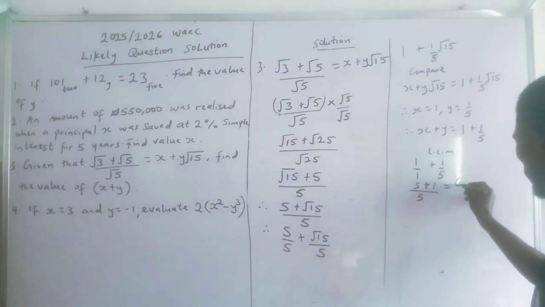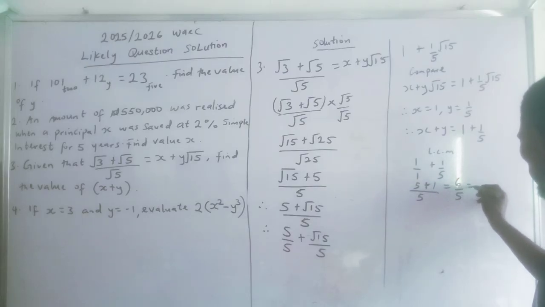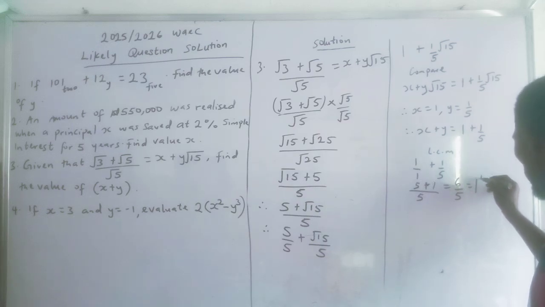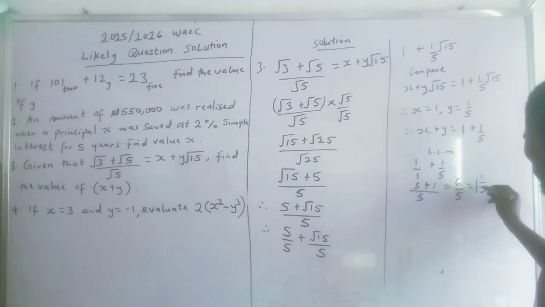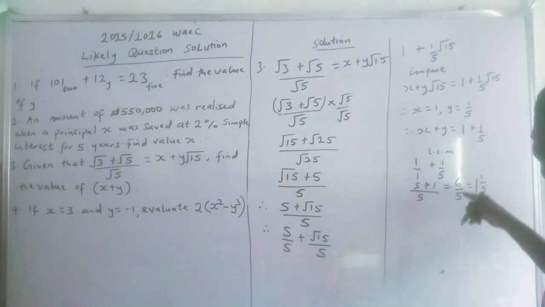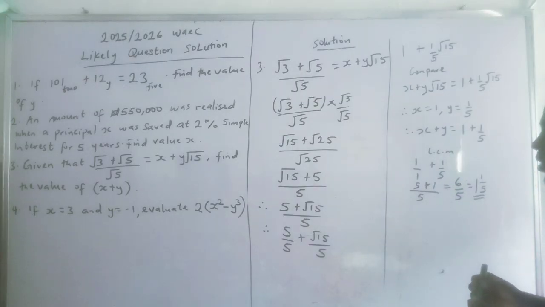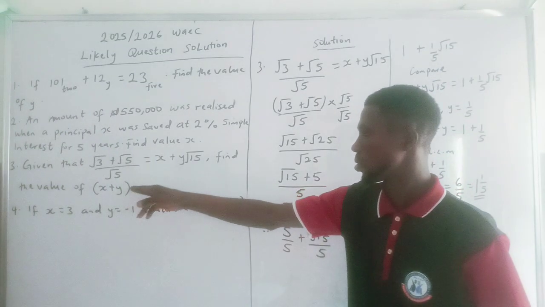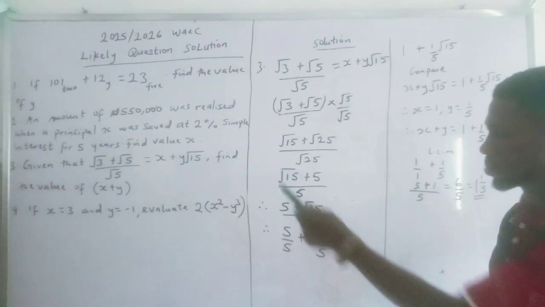So we now have 6 over 5. From there, 5 divided by 6 will give us 1 whole number, then 1 remainder over 5. To confirm, 5 times 1 is 5 plus this. So this is our answer. We have gotten the value of x plus y.